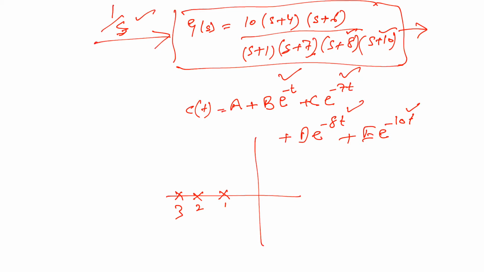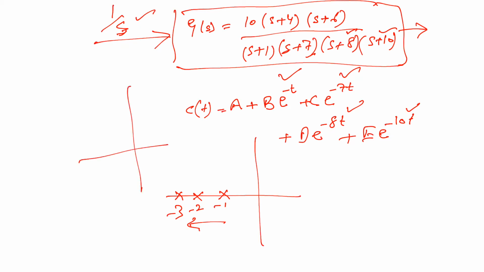So in this case, minus 3, minus 2 and minus 1, the farther left, the faster the exponential transient response will decay to 0.